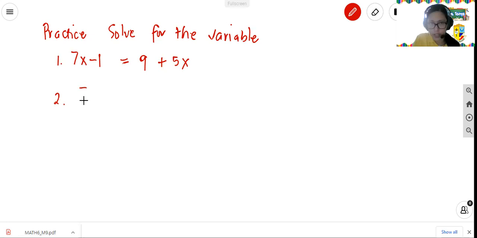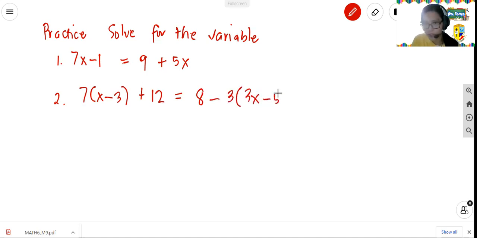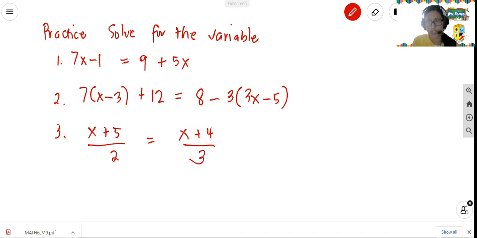And then 7 times x minus 3 plus 12 is equal to 8 minus 3 times 3x minus 5. And x plus 5 over 2 is equal to x plus 4 over 3.